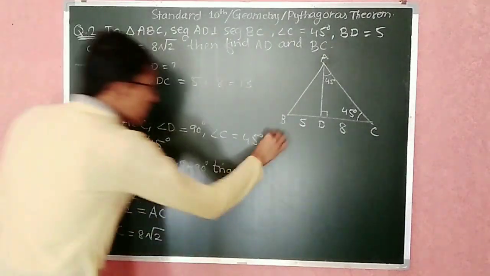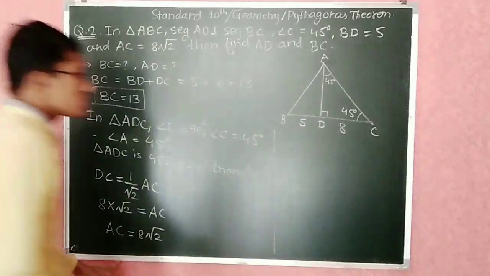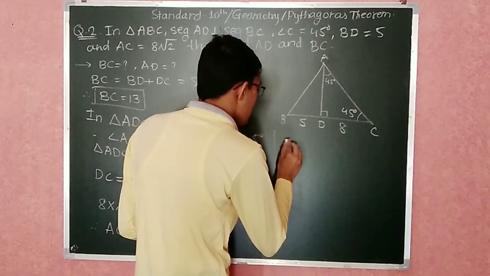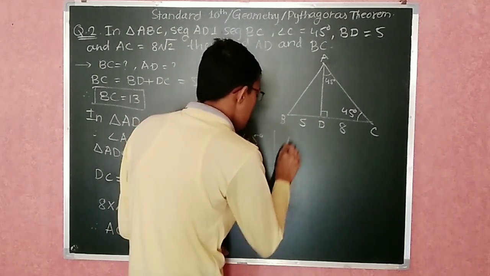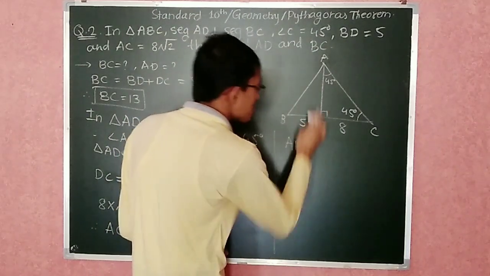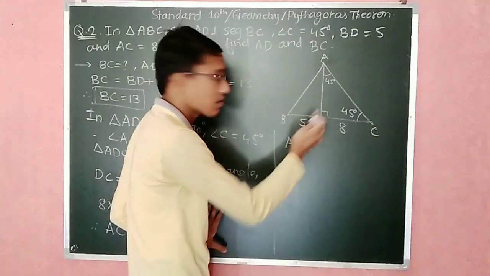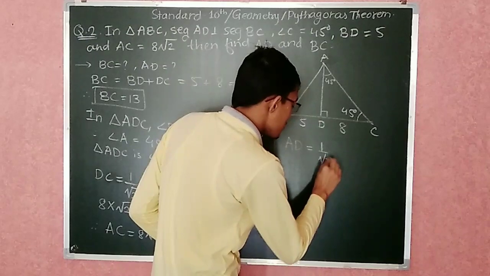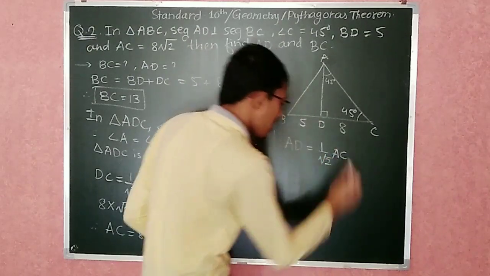Again, we can use the same 45, 45, 90 degree property. By that property, we can write that AD, which is the side opposite to 45 degrees, is equal to 1 upon root 2 times AC.